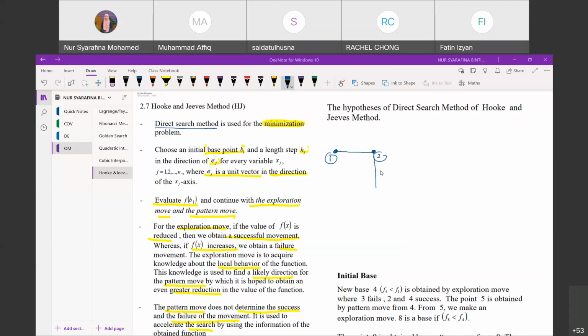Before that, sorry, the movement process is always from right to left, to upside and to downside. So this is how we move. Okay, so let's start again.